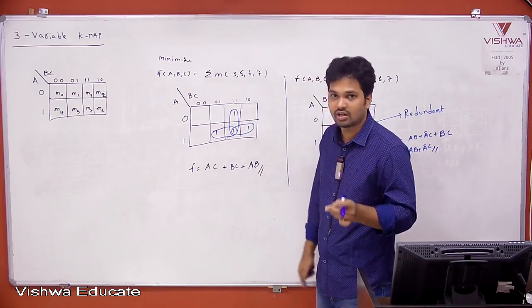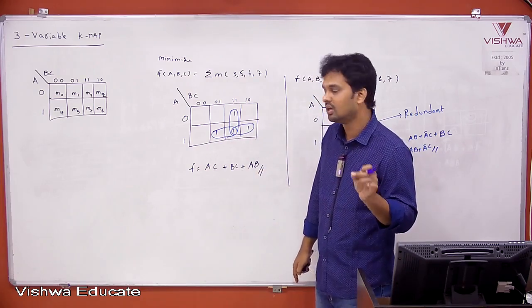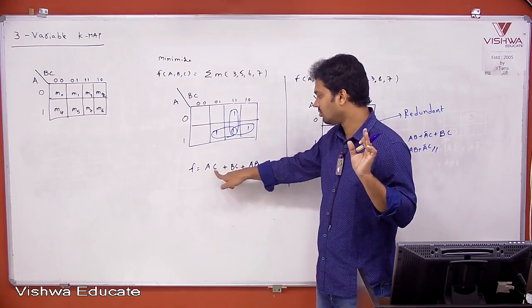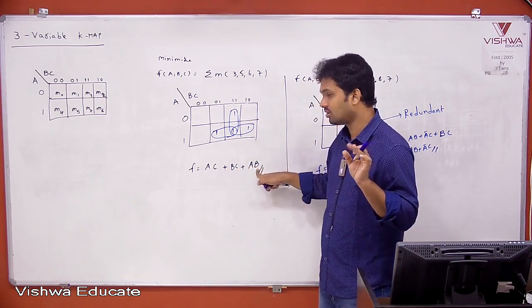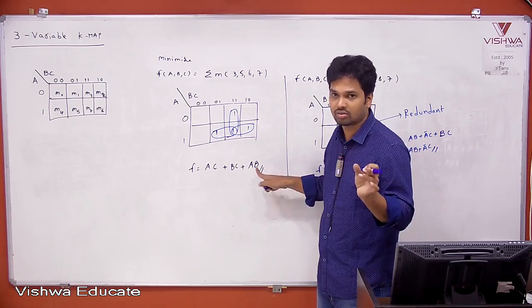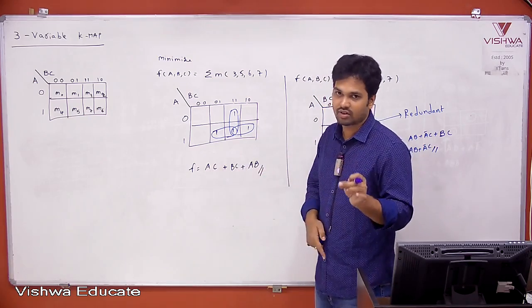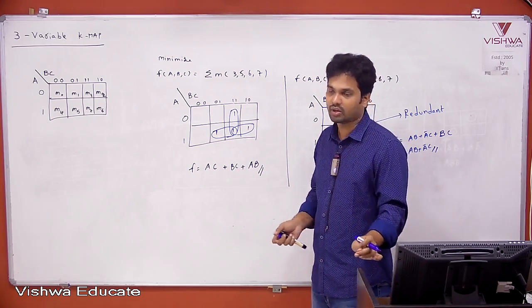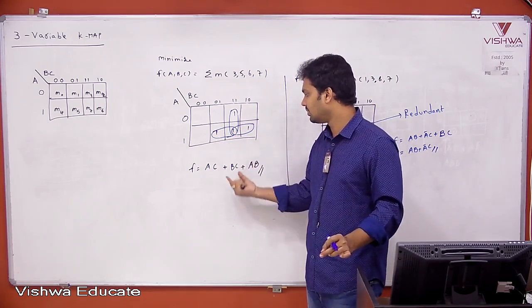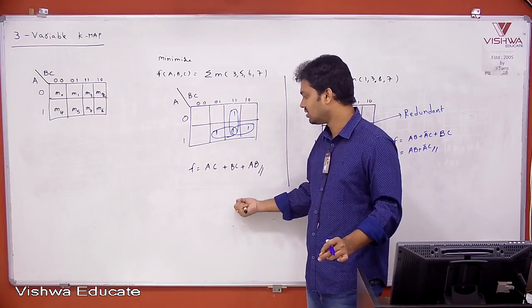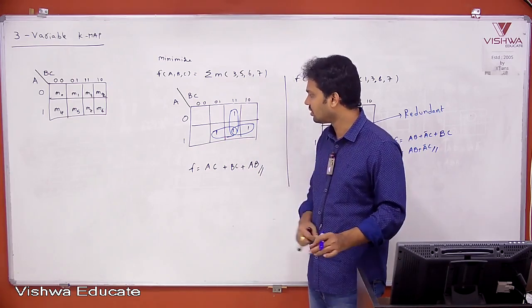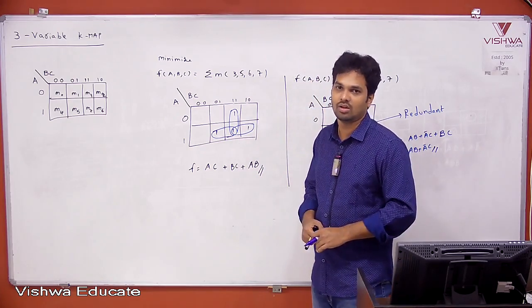Check whichever has the least literal count, that is your answer. Here, what is the literal count? 1, 2, 3, 4, 5, 6. Always check for least literal count. Whatever you get, that is your answer.